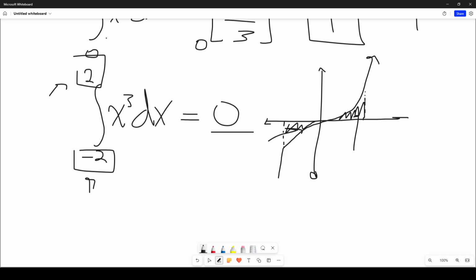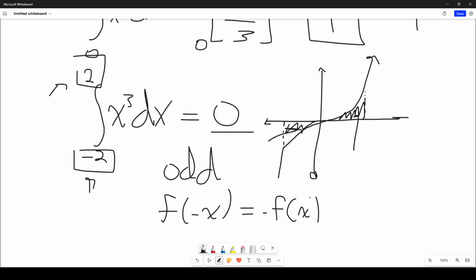So this is an interesting property of integrals, and you should always watch out for this when you're doing certain definite integrals, because it's much easier to do it than calculating out a complex integral, right? And if you want to, you can actually do it and see that it'll cancel out. But why this happens is because x cubed is what's called an odd function. An odd function means f of negative x equals negative f of x.